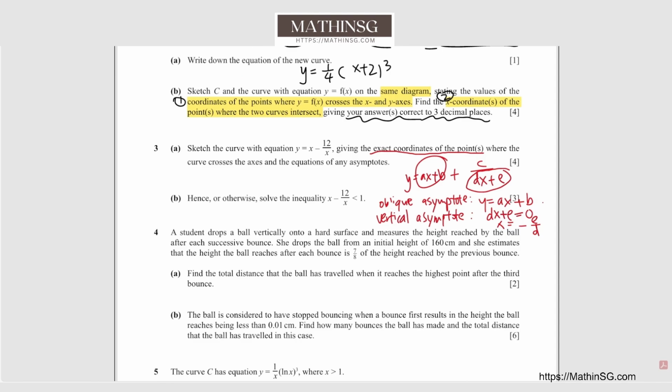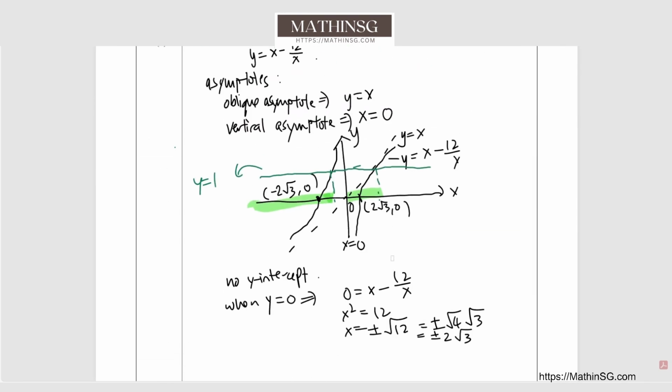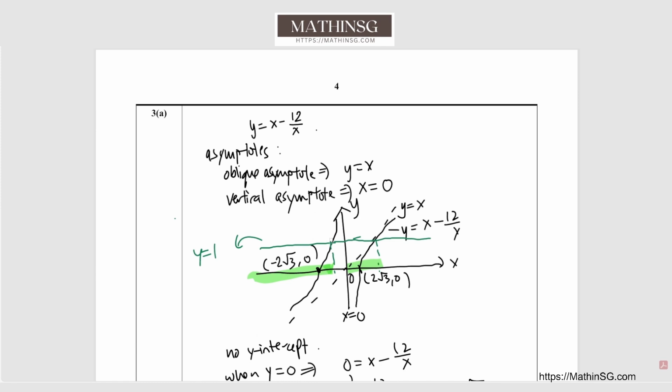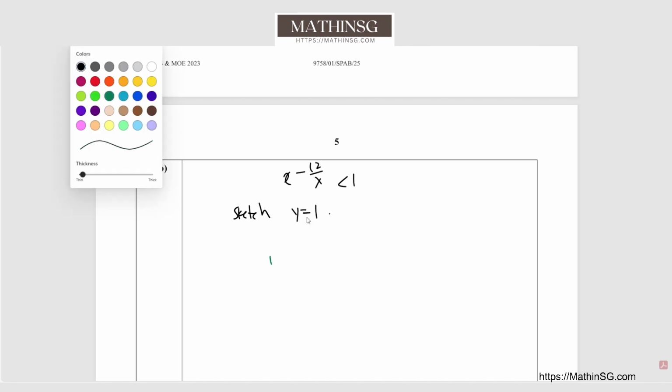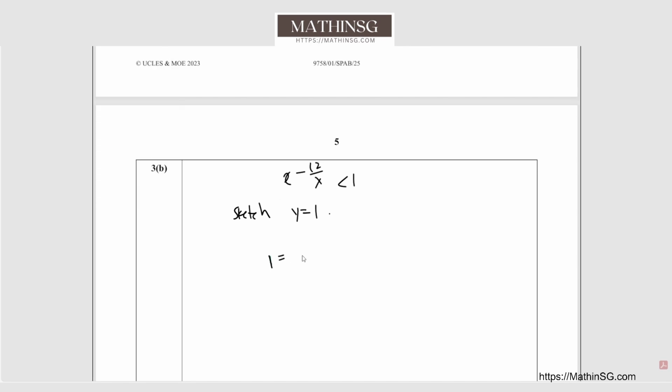So what I need to do first is find this value here as well as this value here. To find the point of intersection, I'll equate these two together. Let me change it back to black. So 1 equals (x minus 12) over x.